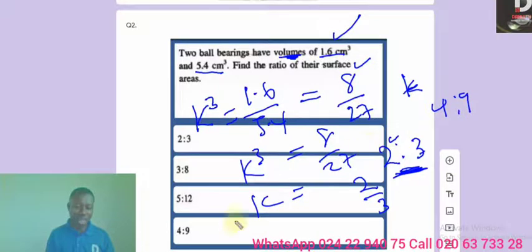So 4 to 9 is the correct answer. If you are not careful, you pay this thinking you are right. Listen to the examiner properly. He said surface area, so he's asking for the square of the answers. If he had asked for their length, that would have been the correct answer. Take note. Math is English and logic. That will generate the formula for you.